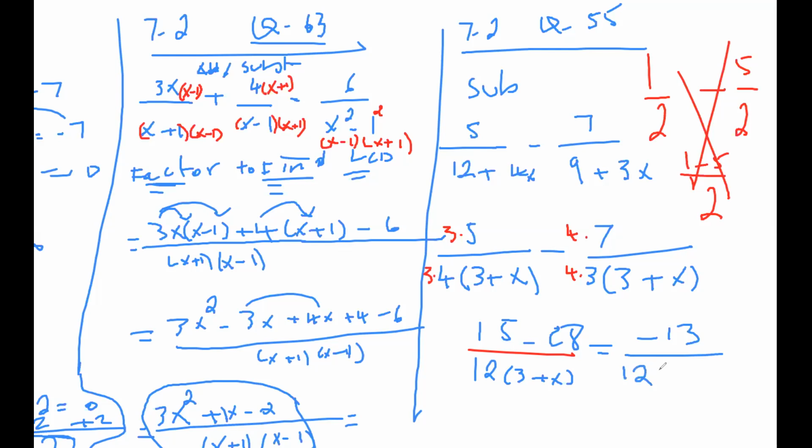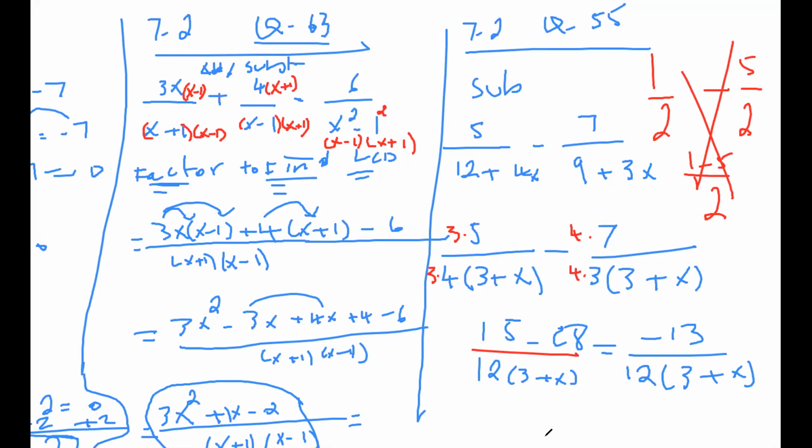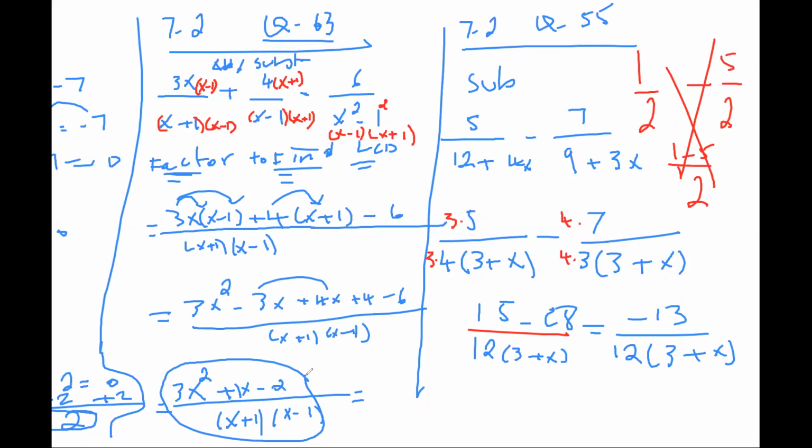So 12 and 3 plus x. Try to simplify if possible, just like we tried to do in the previous example. So nothing cancels against these. So we're going to leave it like this. Here, just like here, we didn't have a common factor. So here, 13 and 12 can't simplify. So we leave it like that.